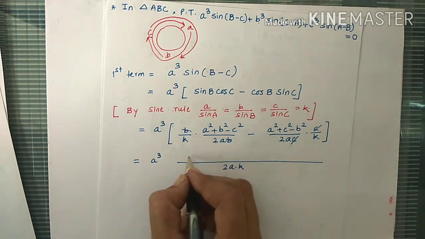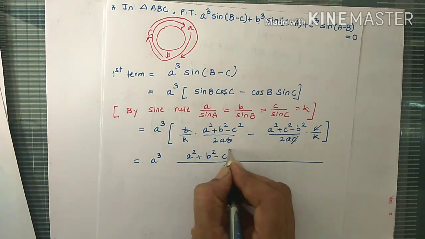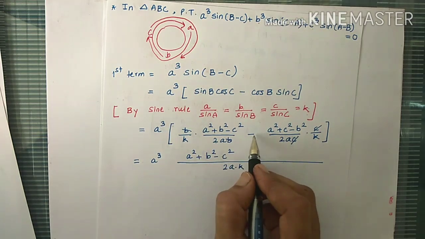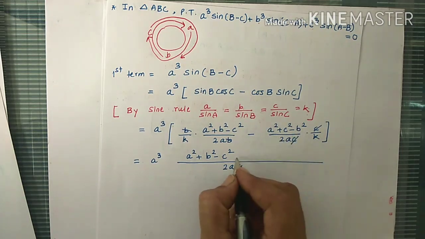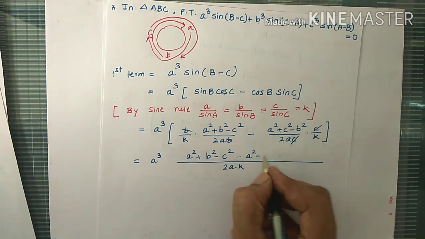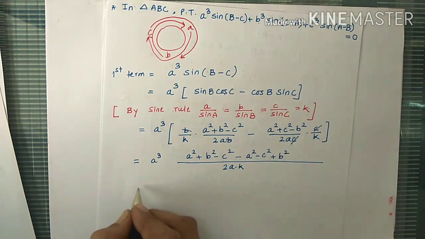Now the numerator is a square plus b square minus c square. Now we have minus sign in between. That means we have to change sign of all these three terms. So it is minus a square, minus c square and minus minus plus b square.